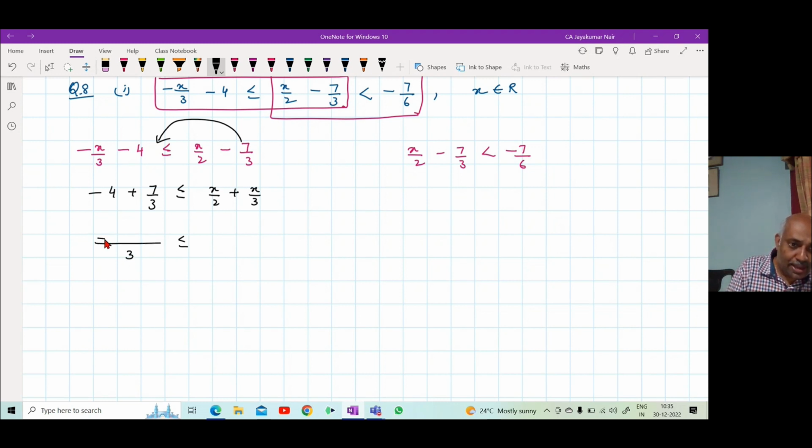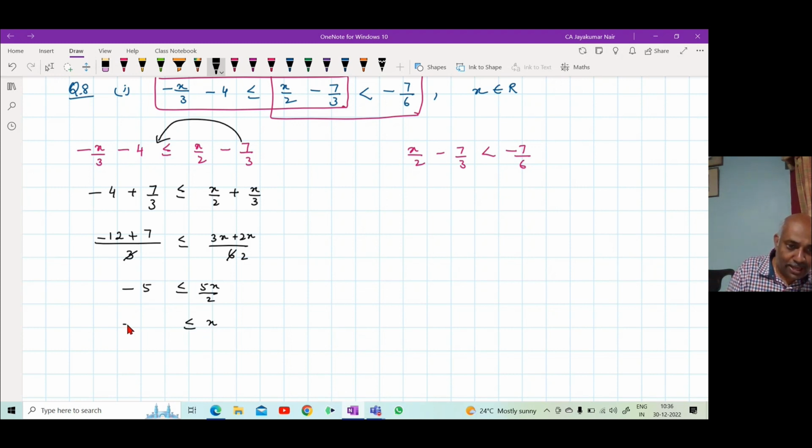So LCM is 3, minus 12 plus 7. And here 6, 3x plus 2x. 3 will go here 2 times. So minus 5 less than or equal to 5x over 2.